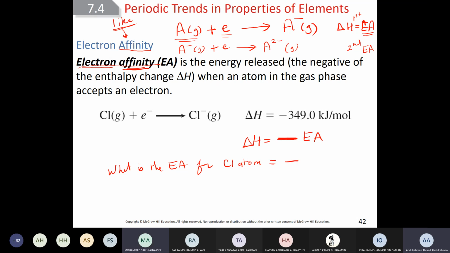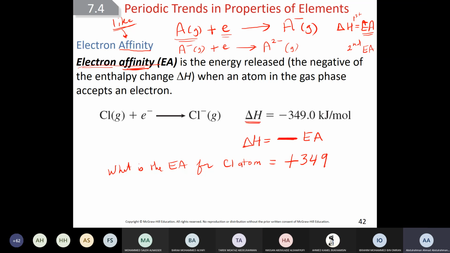Minus the electron affinity of chlorine. What's the electron affinity of chlorine? Minus 349, plus 349. Why is that? Because what's delta H?